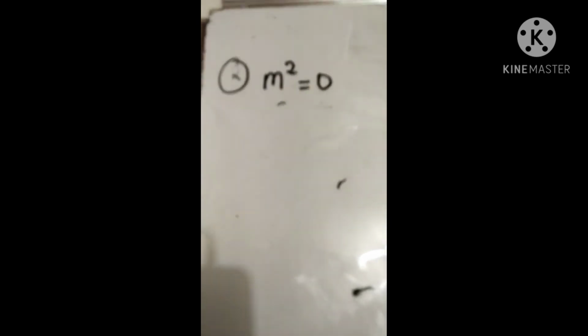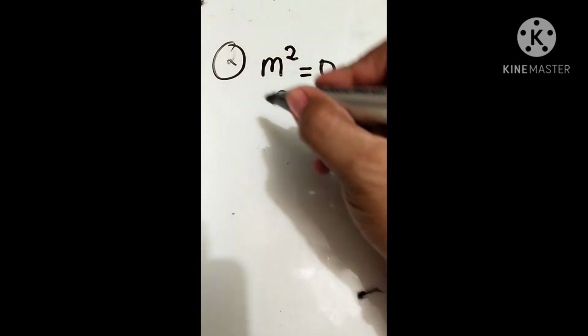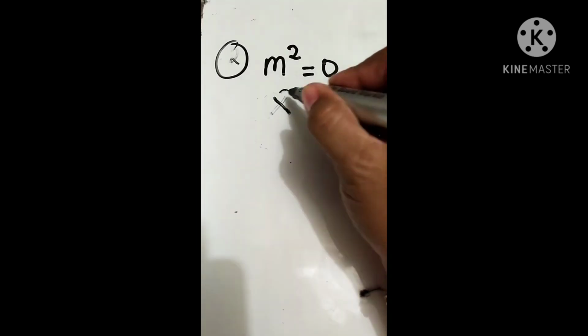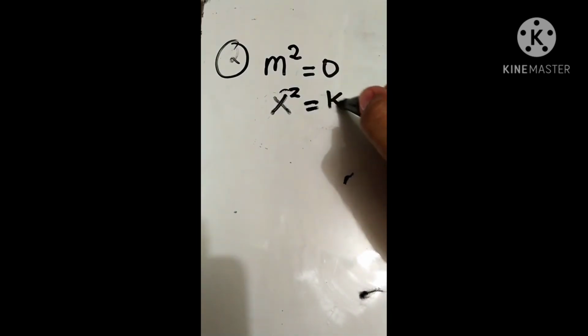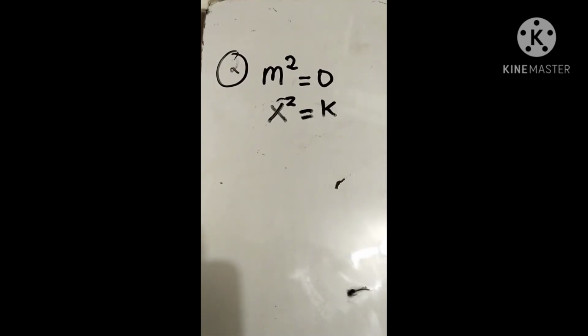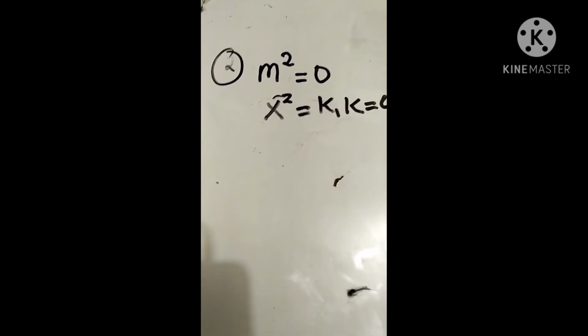Number 2, what if your given is m squared equals 0? This given is already in the form of x squared equals k. So you can say here that your k is 0.